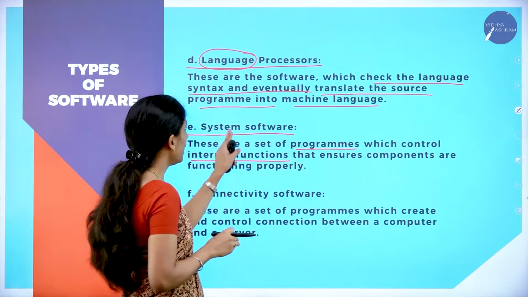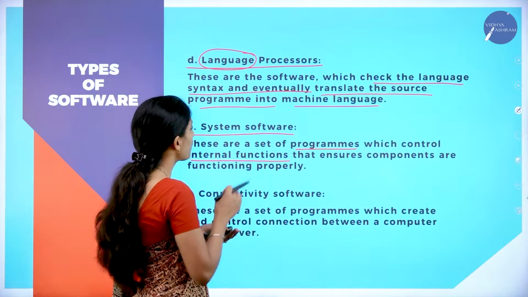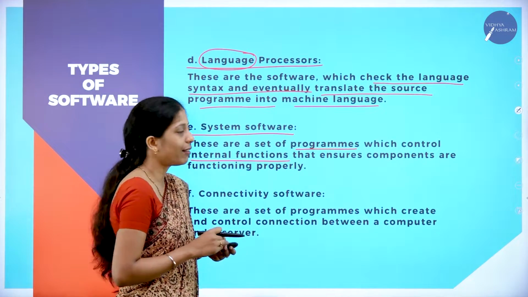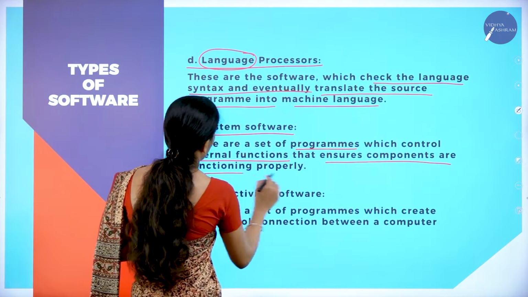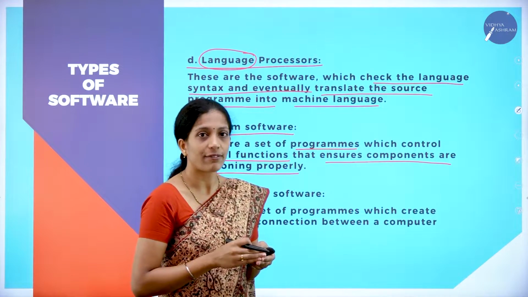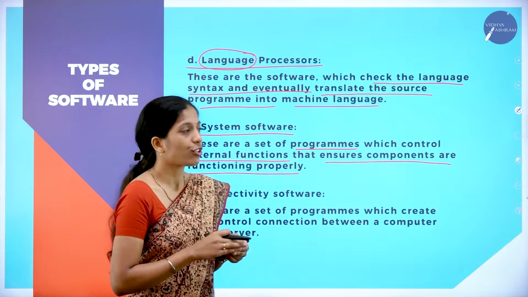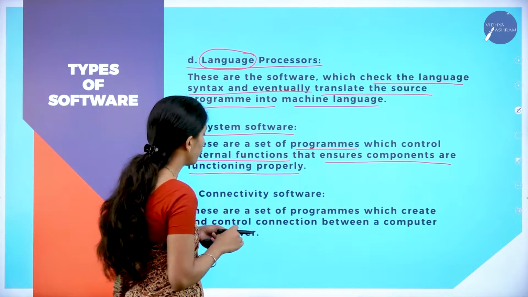So system software is used here. These are the set of programs which control the internal functions and ensure the components are functioning properly. To see whether all the components are functioning properly or not, the system software is used.